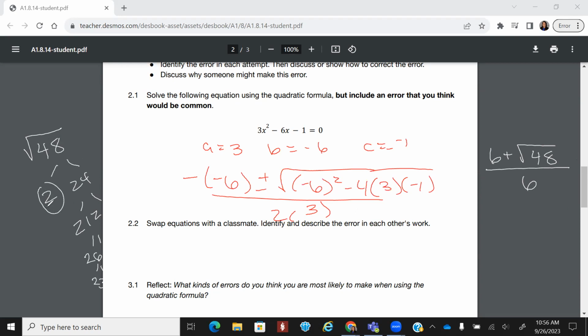Now, if we have pairs, we're going to pull those out. So that means that we're going to have 6 plus 4 square root of 3. The way I got 4 was this 2 and this 2.